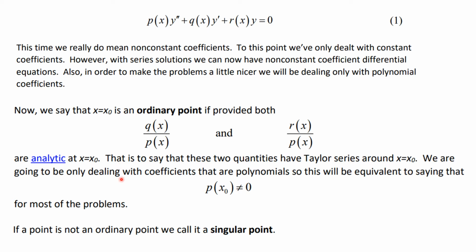And since we're only dealing with coefficients that are polynomials, this is equivalent to saying that P of x0 does not equal 0. And again, you see what we're doing is dividing through by this initial coefficient like we've done time after time in this course. If a point is not an ordinary point, we call it a singular point, and different infinite series techniques must be used.